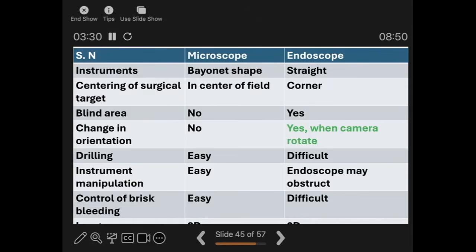The working corridor is partially occupied by the scope, restricting instrument mobility and complicating drilling and dissection. Controlling brisk bleeding is more challenging as lens soiling can rapidly obscure the view. While 3D endoscopes exist, most systems still provide 2D images, limiting depth perception and placing greater demand on hand-eye coordination, spatial awareness, and instrument control.